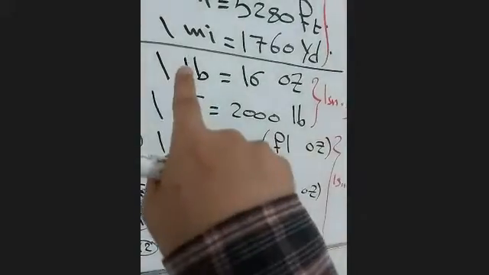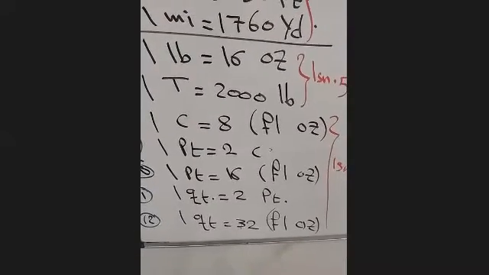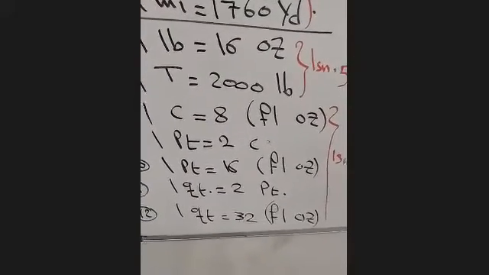We multiply by 2,000. Then the answer, we turn it from pounds to ounce. How? We multiply it by 16. Do you understand it? Yes. Good.